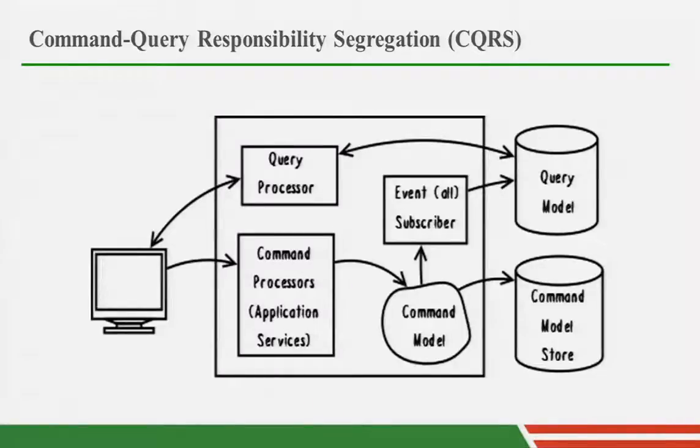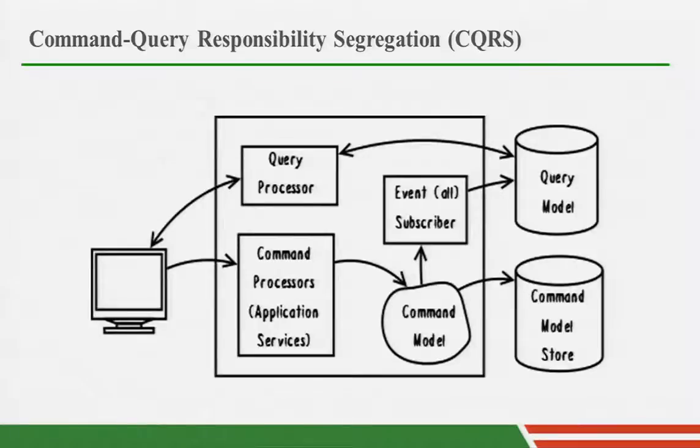CQRS, or command query responsibility segregation, I'm not going to talk a lot about this, but it's a way of dealing with the fact that our views tend to look differently than our aggregates, our entities in our domain model.